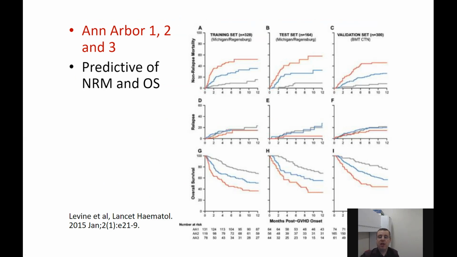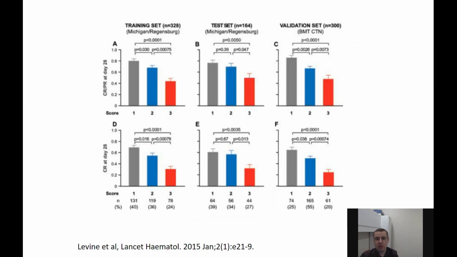What they demonstrated is that these groups were predictive of non-relapse mortality and overall survival in the training set, the test set, as well as the validation set, while incidence of relapse was not affected, demonstrating that these biomarkers predictive of non-relapse mortality due to GVHD had no connection to the graft versus leukemia effect.